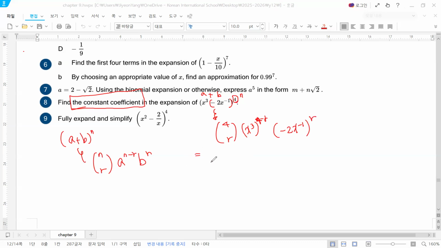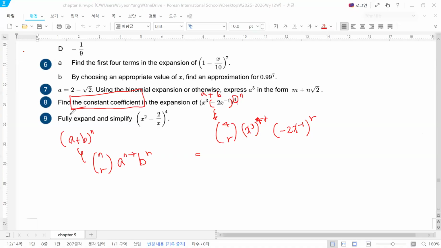By using laws of indices, we need to simplify this expression. We need to simplify this one, 4Cr, and by using laws of indices, you need to multiply out these two powers, 3 times 4 minus r, and then let's separate it, negative 2 to the power of r, and x to the power of negative 1 to the power of r.